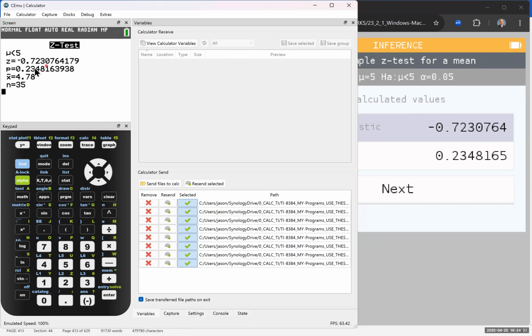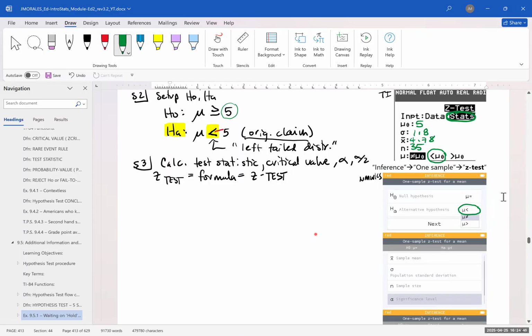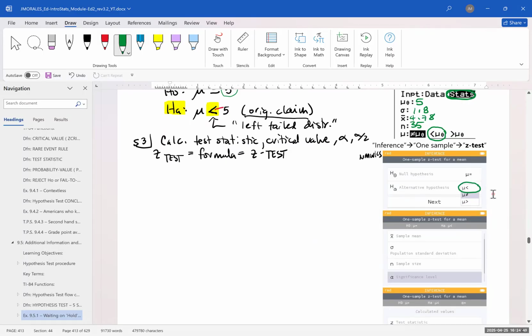So these are values that come from our sample data. So the z-test statistic comes from our sample data, and the p-value comes from our sample data. So let's update what we've got here. Okay, so this had to be a 5, and this had to be a 5. A sample mean of 4.78.